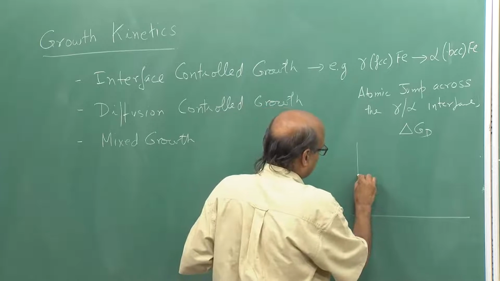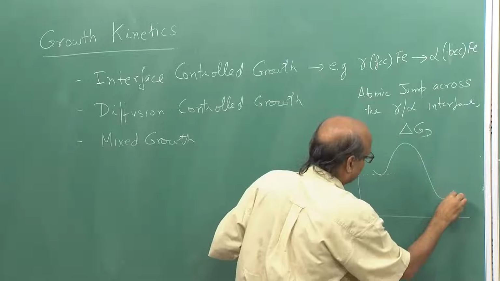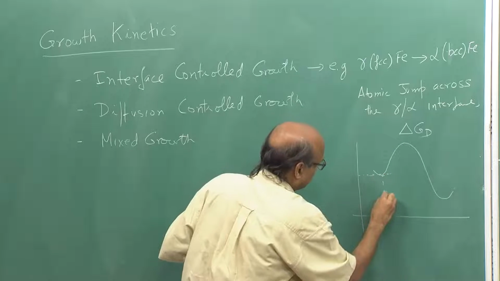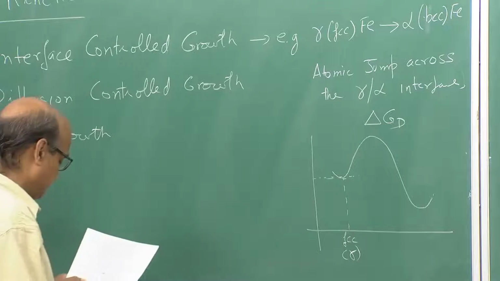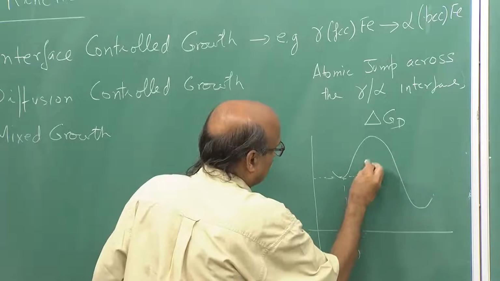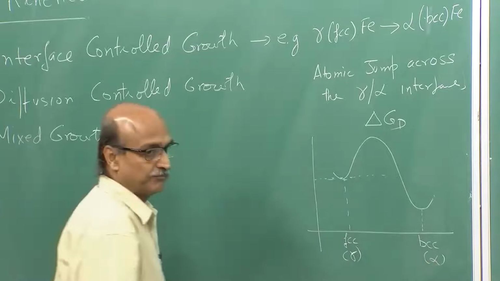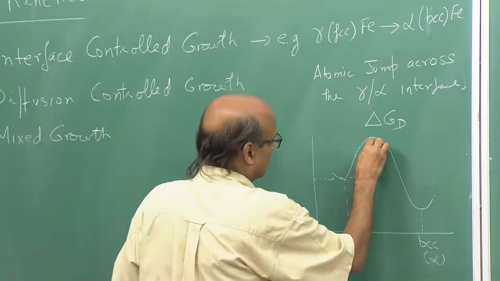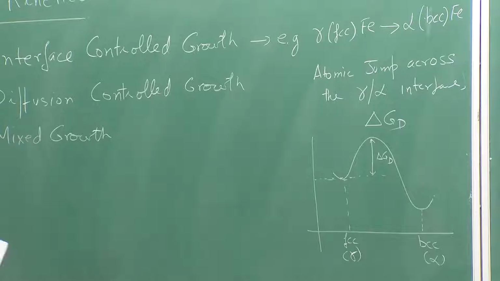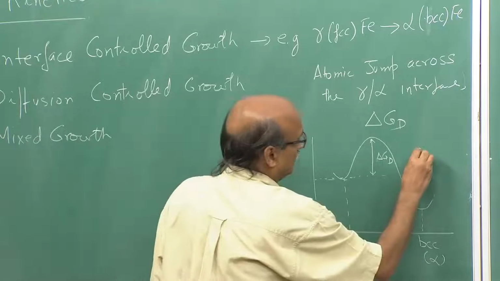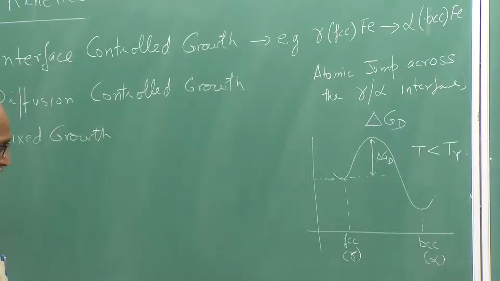So, I have this is FCC gamma, so for an atom to jump to body centered cubic alpha, it has to cross this barrier delta GD, and this is for temperature less than the transformation temperature Tr.